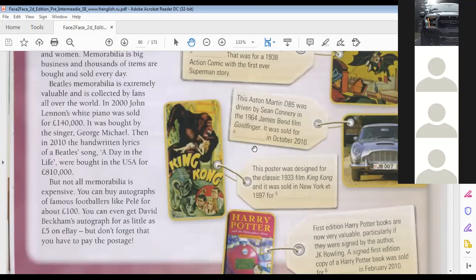Not always, no. Can you give us an example? The question says, is it always expensive to buy memorabilia or not always expensive? No, not always expensive.